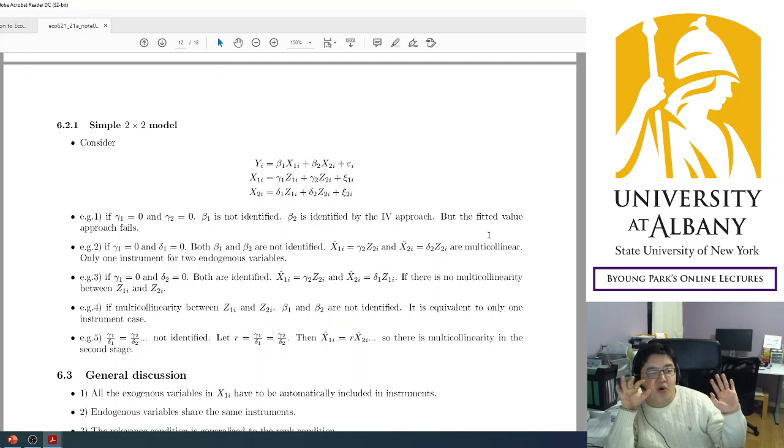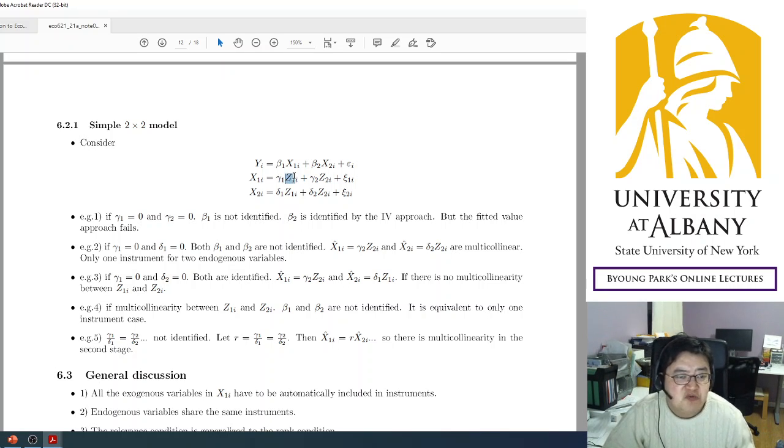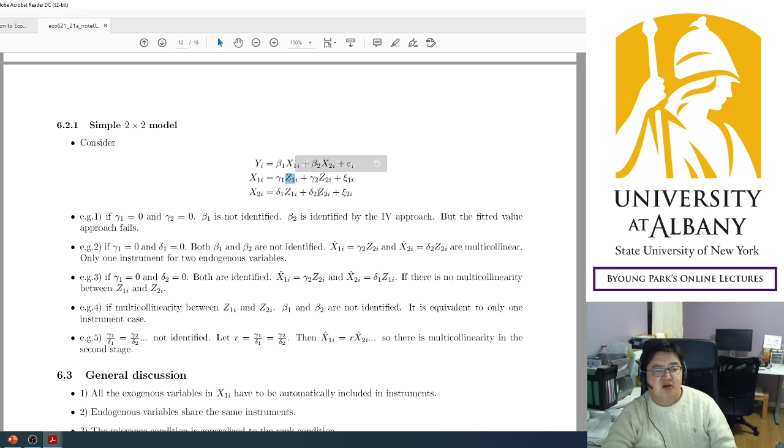Or you may think that one instrument cannot identify two endogenous variables. So you may see this as a multicollinearity problem in the two-stage approach, in the fitted value approach. And the basic fundamental problem is that z1, one of the instruments, has no correlation with any of the endogenous variables, or the number of instruments is smaller than what you need.